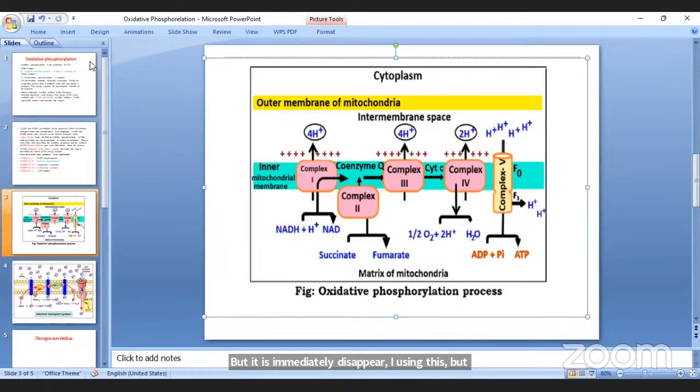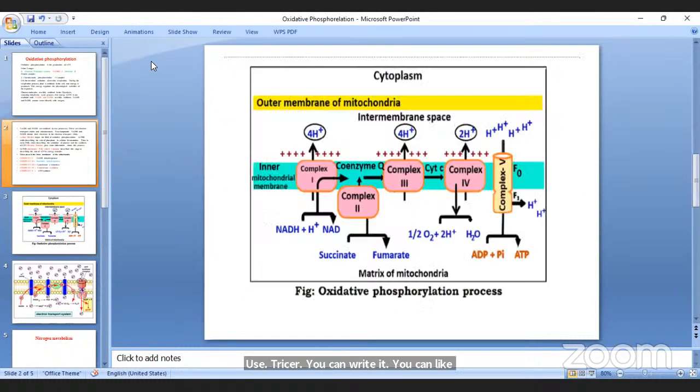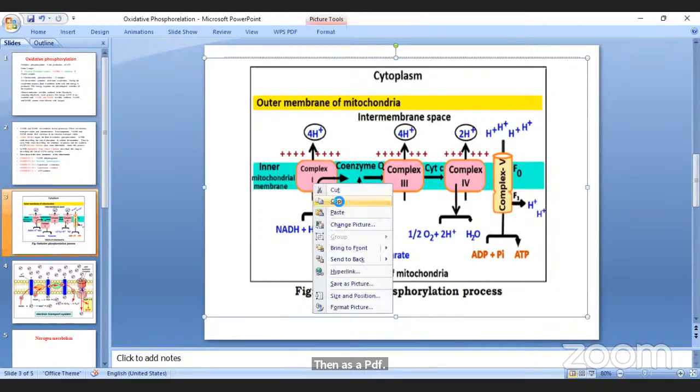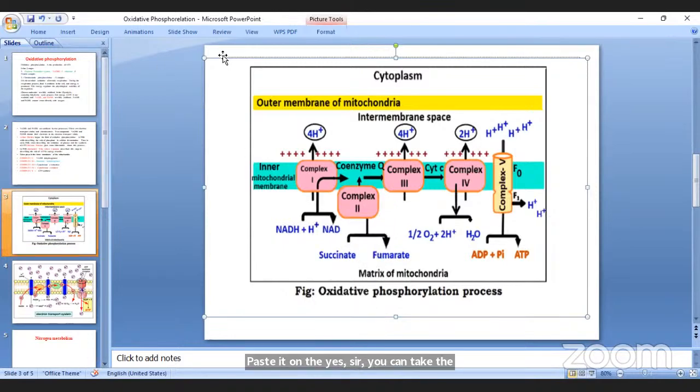You can write only on the whiteboard, but not on this Microsoft PowerPoint itself. You can take this PPT onto the whiteboard, copy this picture and paste it over there.